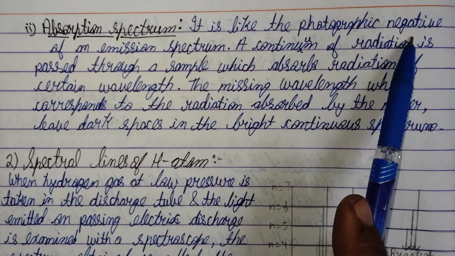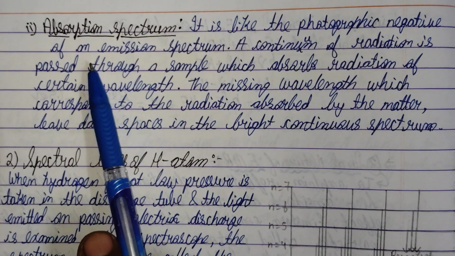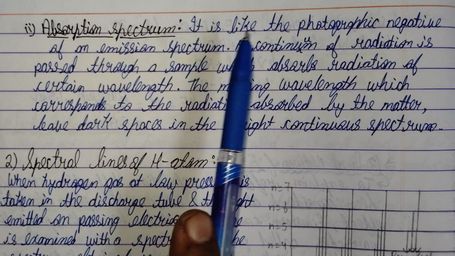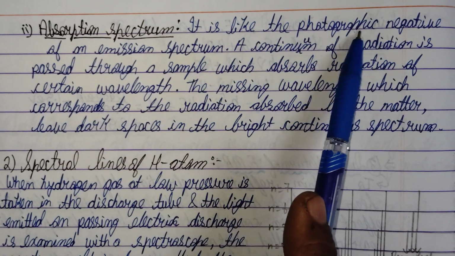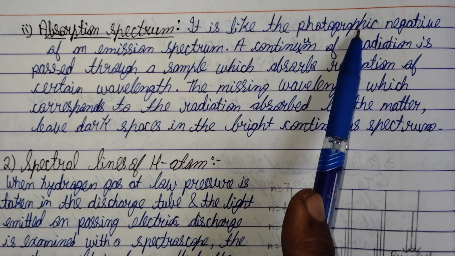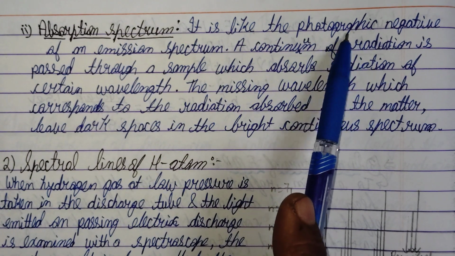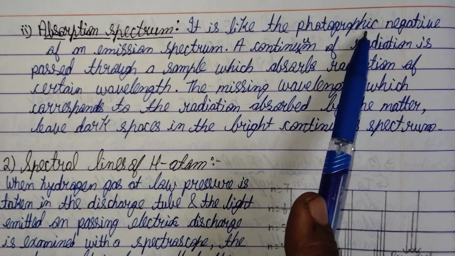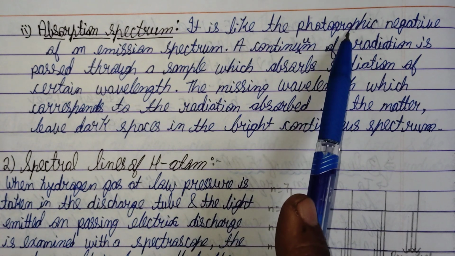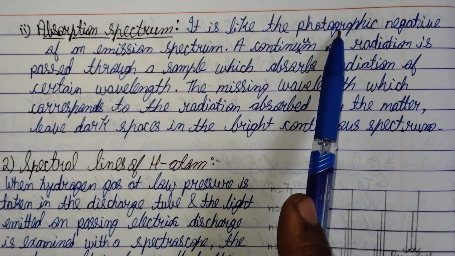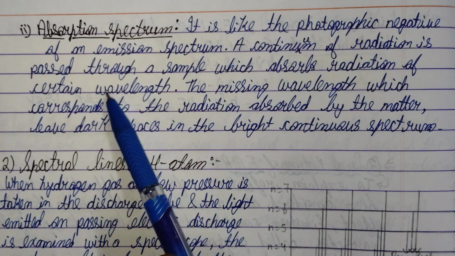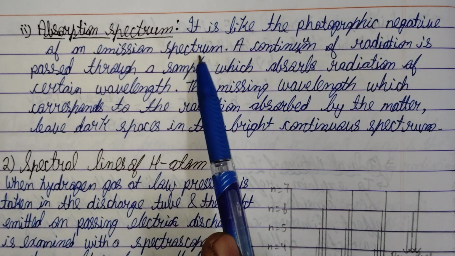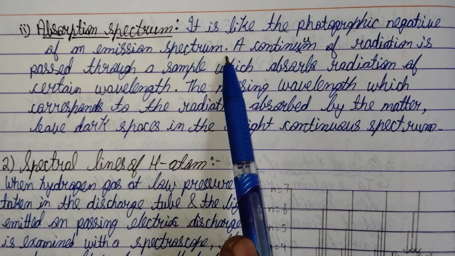It is like the photographic negative of an emission spectrum. Photographic negative means the reel; when we use a photograph in a photo studio, they use the photographic negative, and they develop the photo from this reel. So this photographic negative of an emission spectrum-like structure is there in absorption.